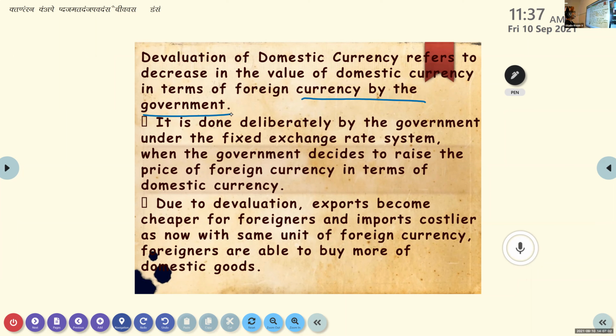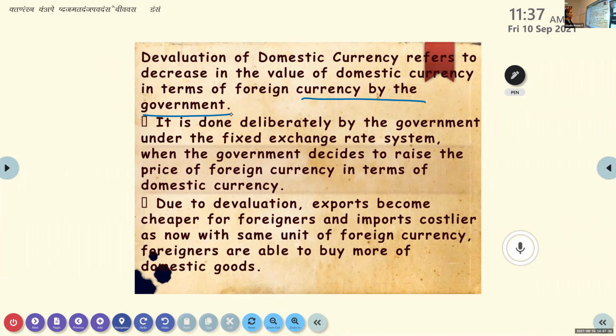So these are two different terms. Depreciation happens when there is an influence of demand and supply in the foreign exchange market, but devaluation happens when the government interferes and reduces the value of our currency.